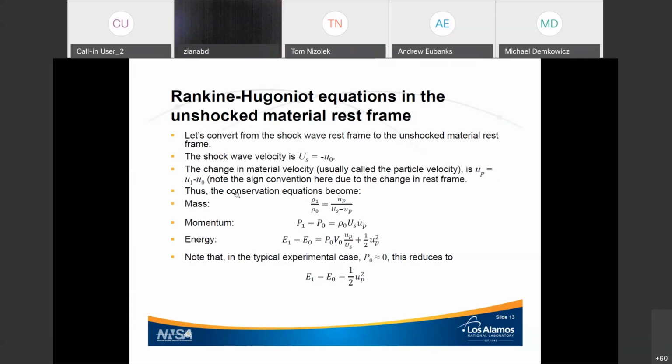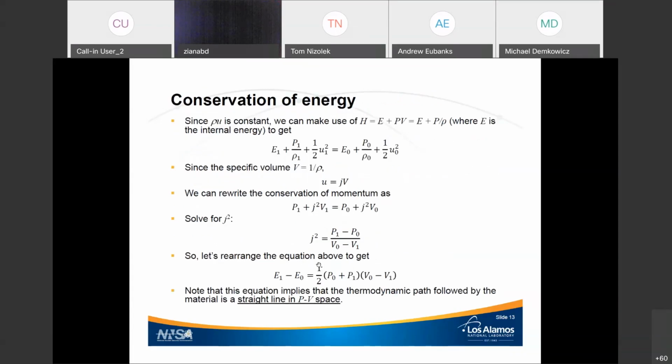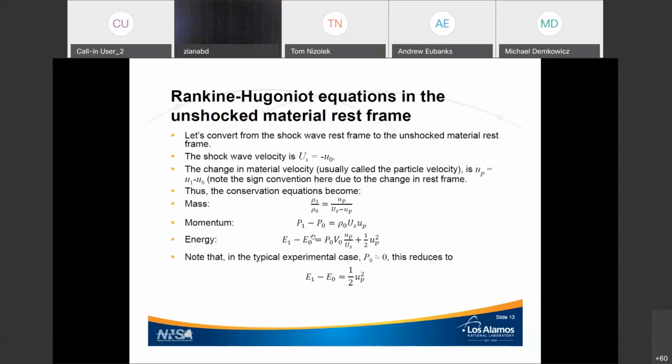Then the conservation equations look like this. Rho 1 over rho naught is UP over US minus UP. Momentum: P1 minus P naught is rho naught times US times UP. And the internal energy, often it's still written like this, but it can also be written this way.